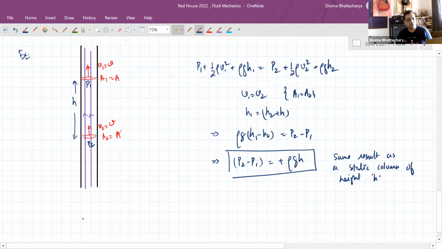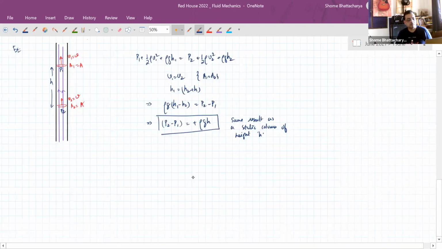So if this is A2 and this is A1, and this height difference is h, then that will not be the case. V2 will be less than V1 in this case. So here you can see that P2 minus P1 will become rho gh.